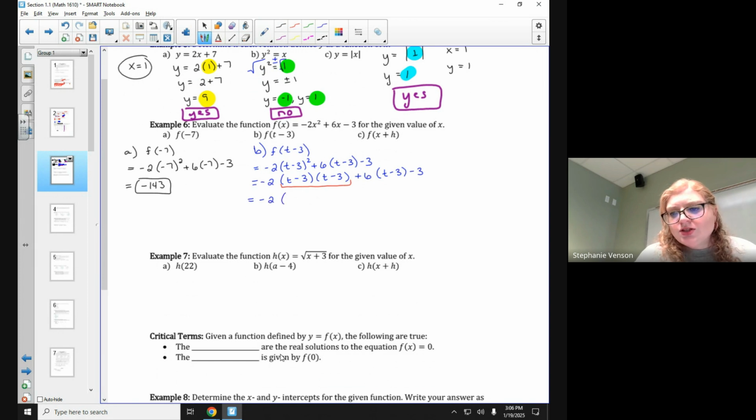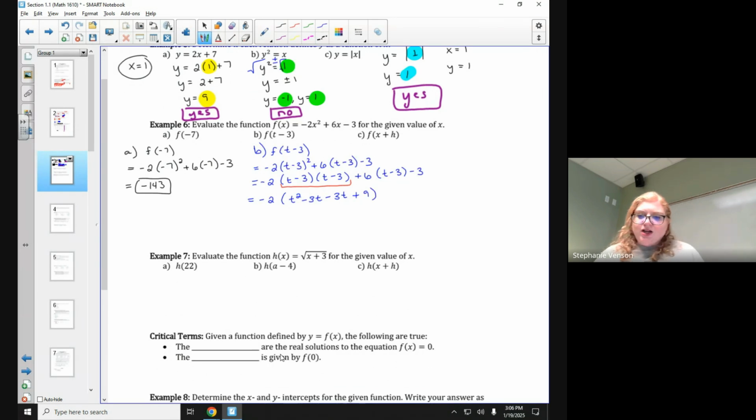Negative 2 times, remember FOIL is front, outer, inner, last. So t times t is t squared. T times negative 3 is negative 3t. Negative 3 times t is negative 3t, and negative 3 times negative 3 is positive 9.